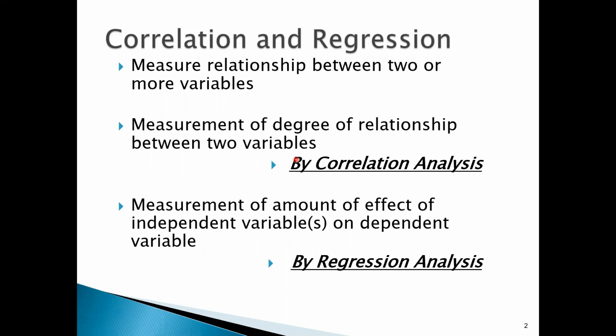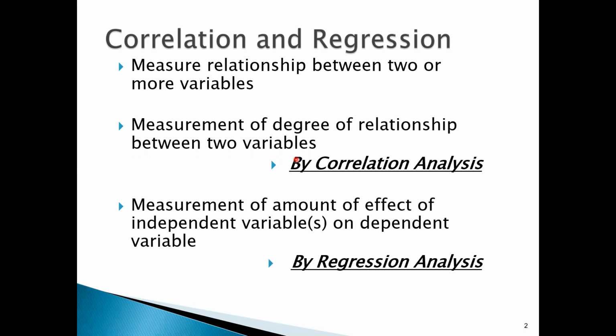For example, if today I am 20 years old, next year I will be 21 years, so what will be my BMI when I become 21? This is a question which is answered by the regression analysis.